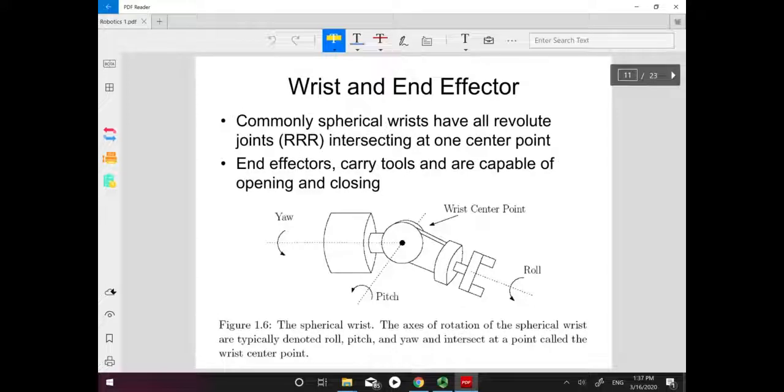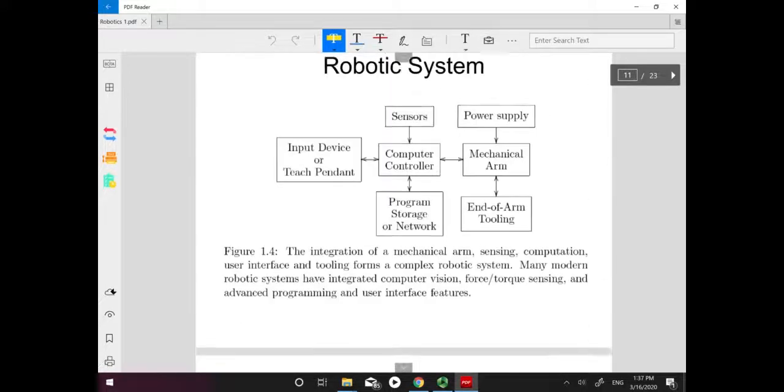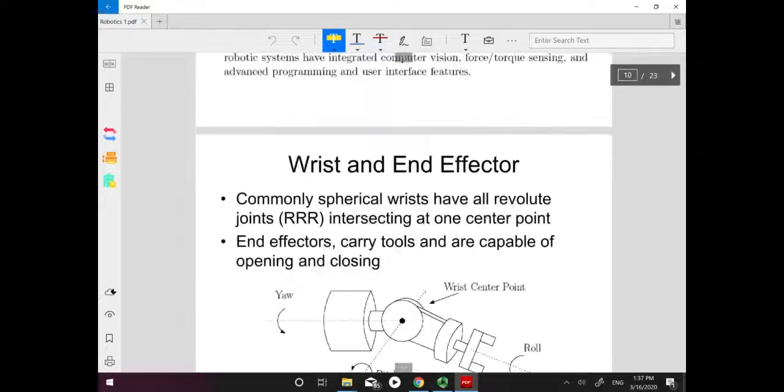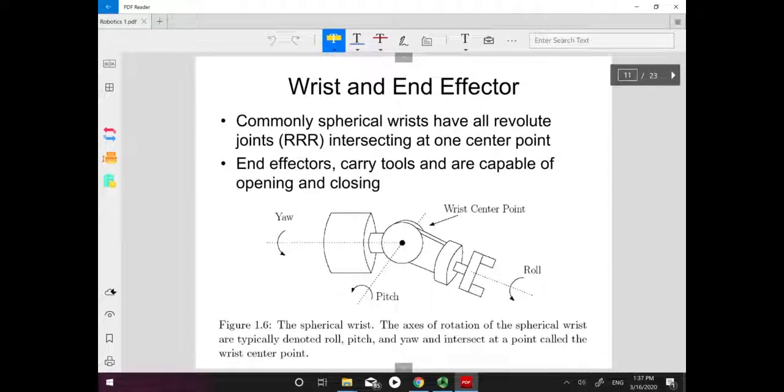So what is the end tooling? It is totally based on the tasks we need to achieve, and there could be a lot of different end effectors based on the functions we need.